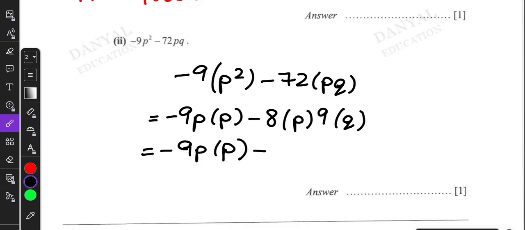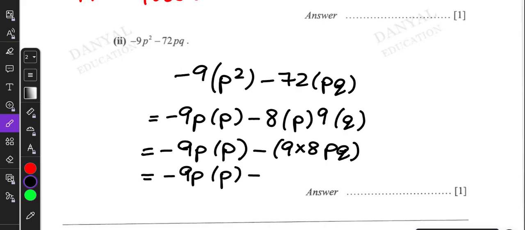Let's see how. Okay, the good thing about this is that you can factor out the PQ. Then you do all the way yourself, right?